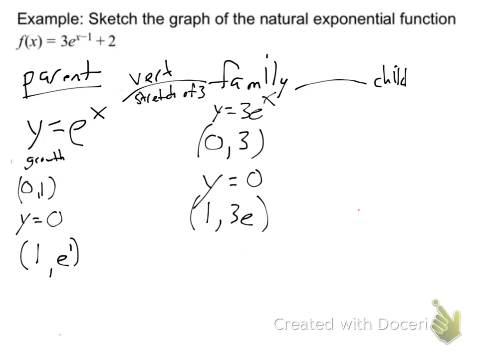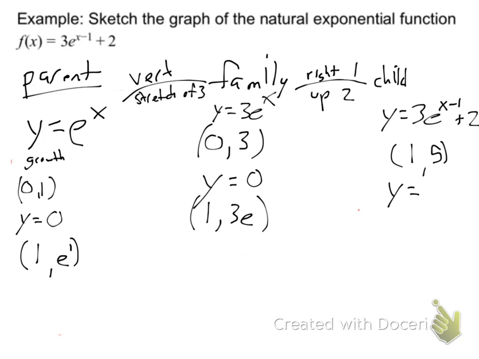Child, we said right 1, was it? Up 2? y equals 3e to the x minus 1, plus 2. The point 0, 3 now becomes 1, 5. y equals 2, because I'm going up 2.